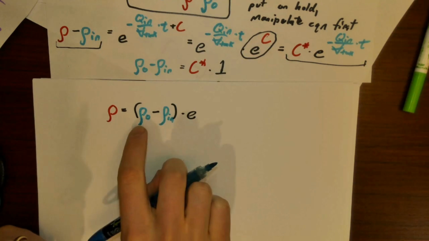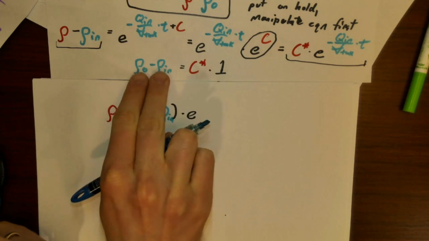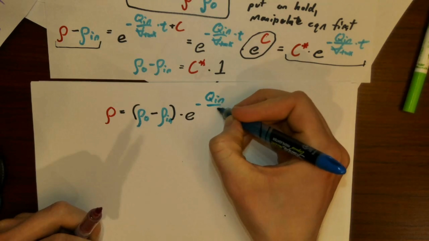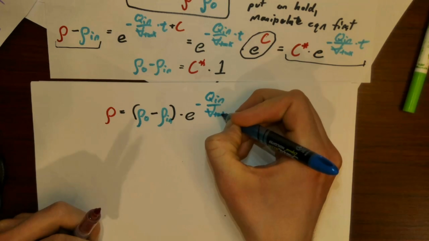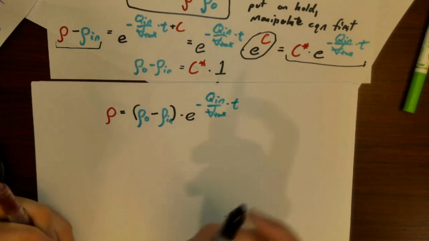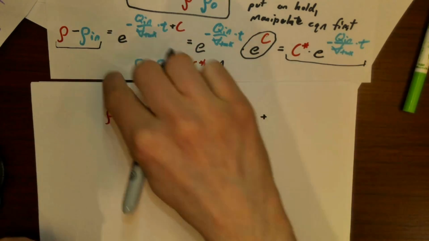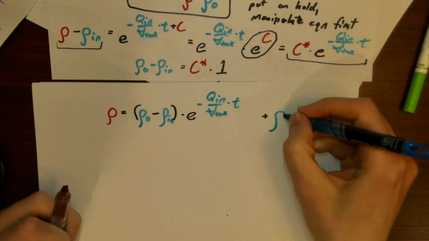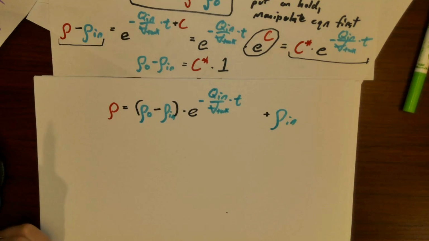So I get rho is equal to rho naught minus rho in, this is from the c star, times e to the minus q in over v tank times t. And then this whole thing plus the rho in that I brought over from the right hand side. So rho in. All right, great, we did it.